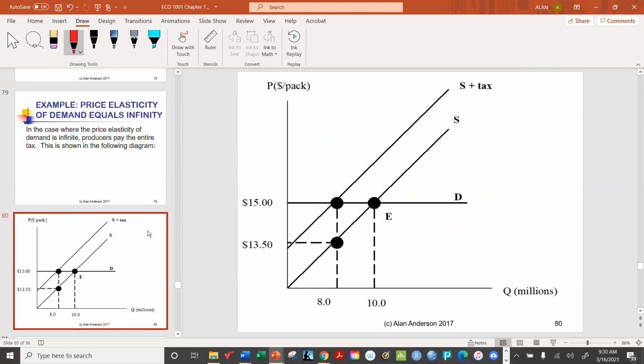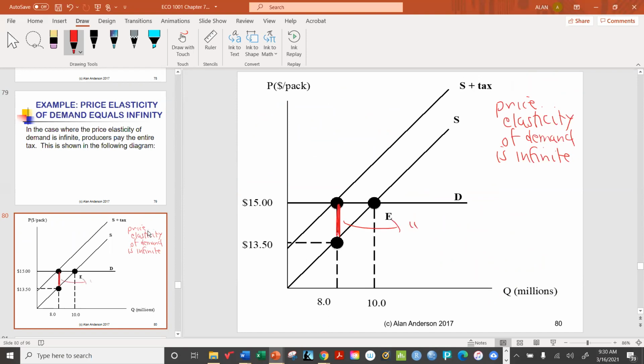This is the case where the price elasticity of demand is infinite. Okay, so now when this curve shifts, this is the wedge, by the way, that the video referred to, of $1.50.